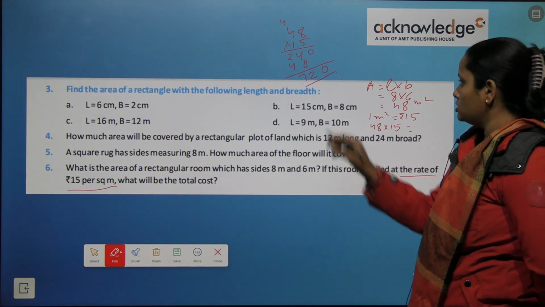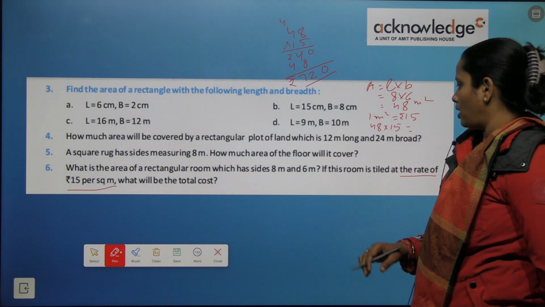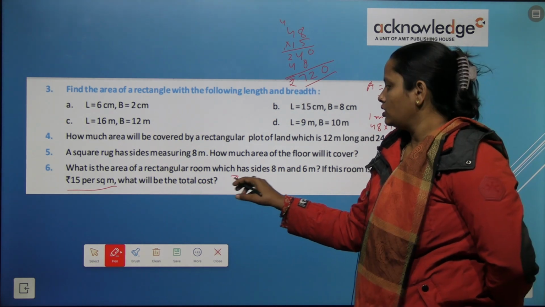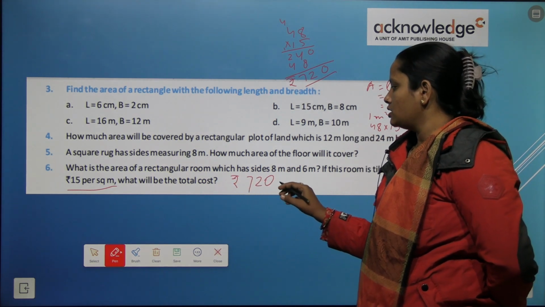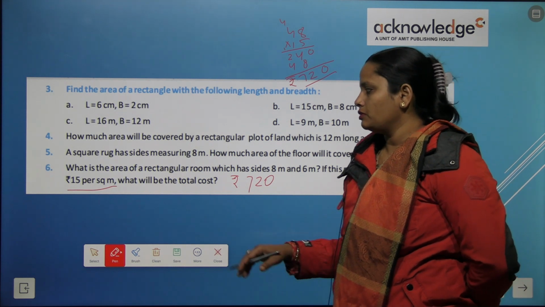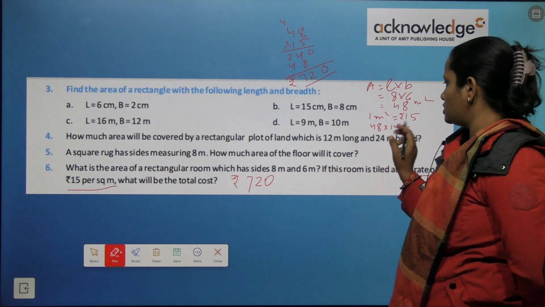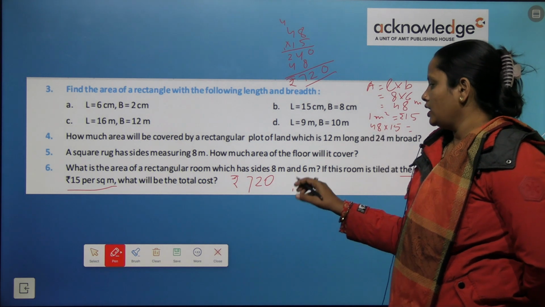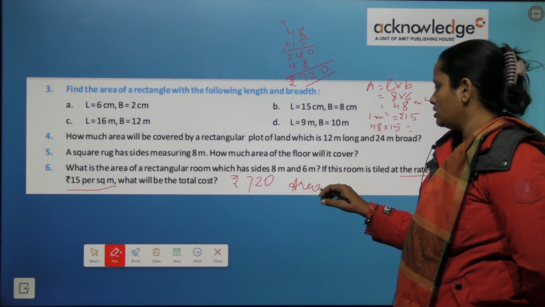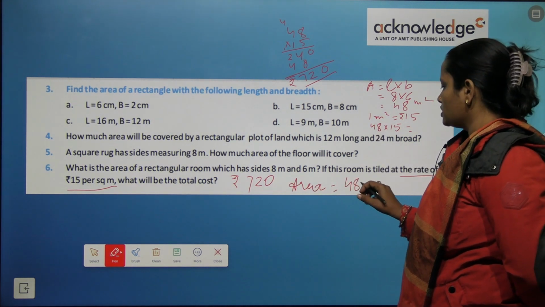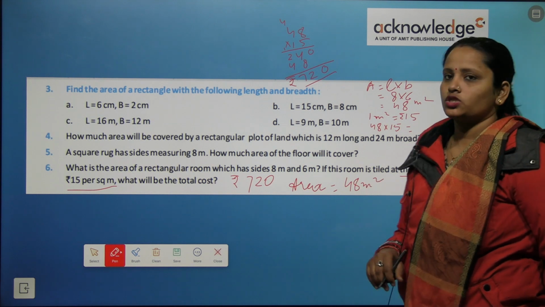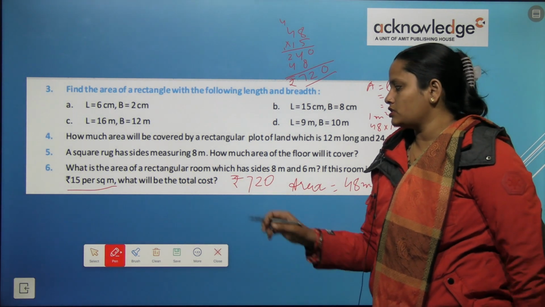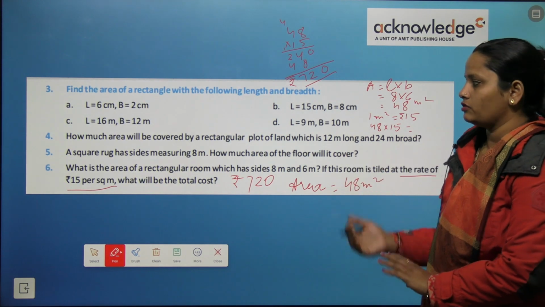So this is the total amount. 720 we have to pay for this room whose area is 48 meter square. So I hope children this is clear to you. Like this we have to solve the question.